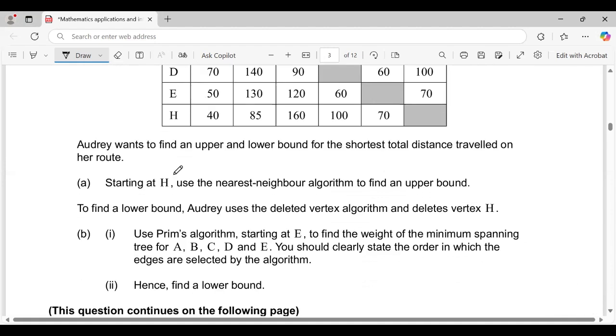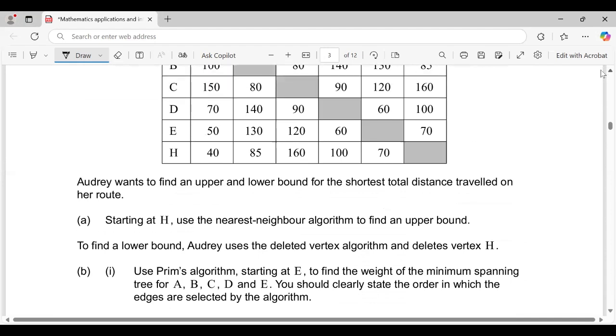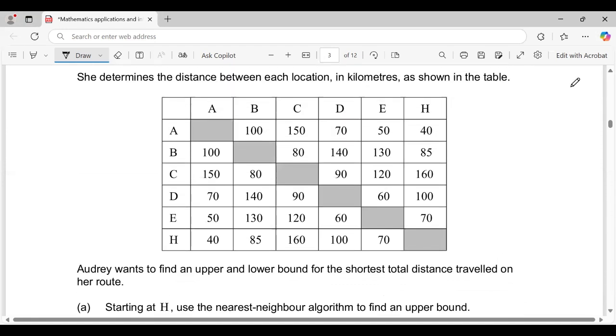Audrey wants to find an upper and lower bound for the shortest total distance traveled on her route, starting at H. Use the nearest neighbor algorithm to find an upper bound. So H nearest to A, 40, and A nearest to E, 50.